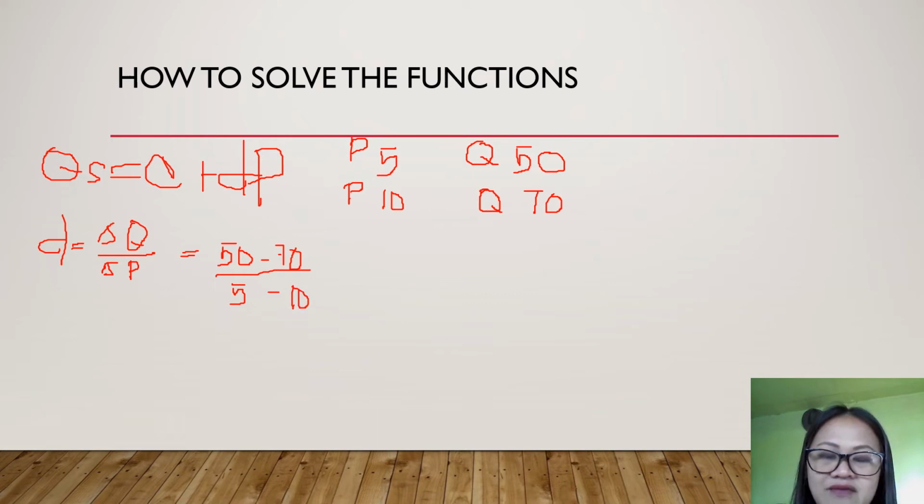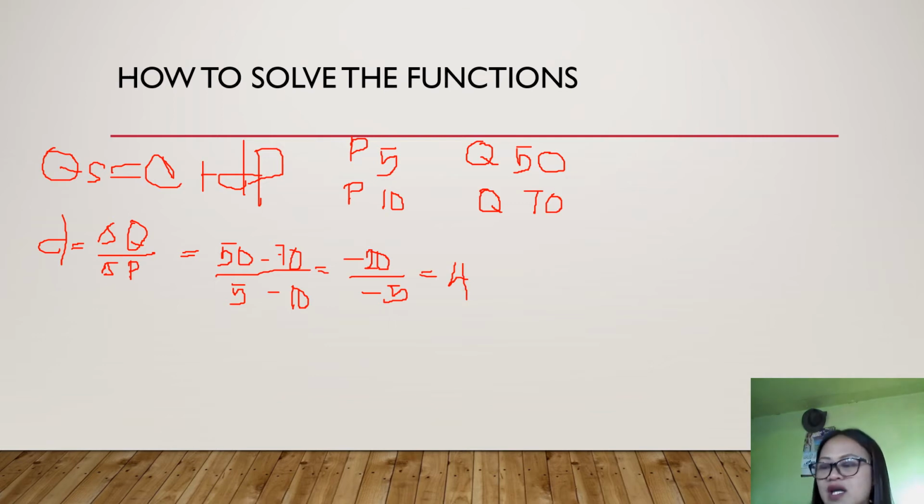There, so we will have 50 less 70, which becomes negative 20, and 5 less 10 is negative 5. So we have a slope: negative 20 divided by negative 5 will give you a positive 4. So that is the slope of the function.